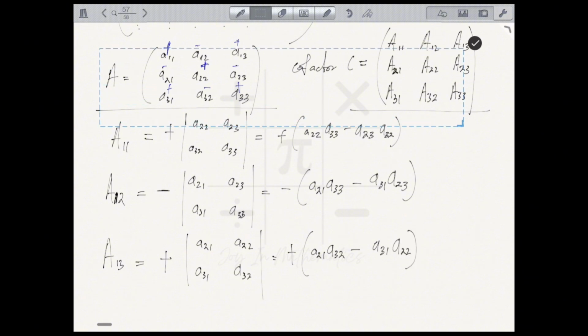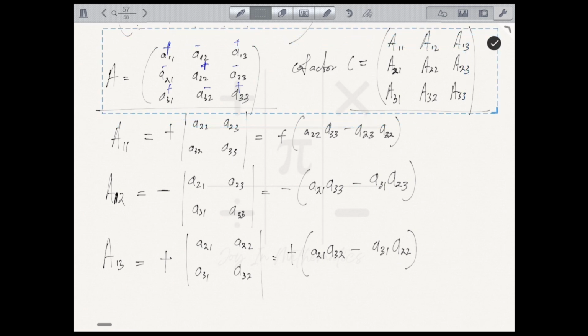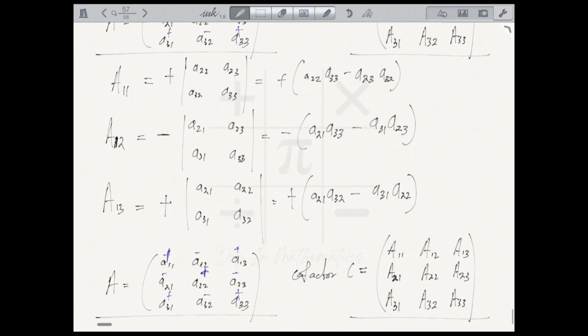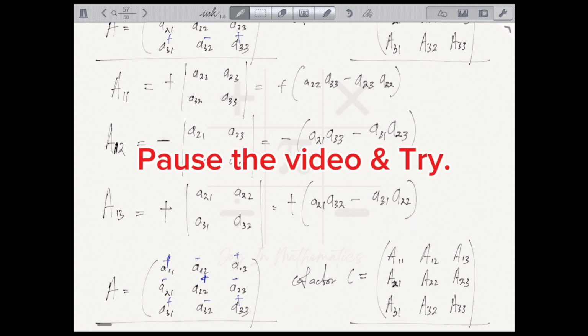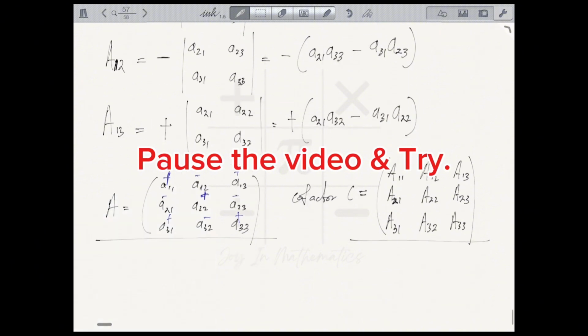Now, we want to simplify further those elements of row 1. If you follow this analogy, you can evaluate the cofactor for A21, for A22, and also for A23. You can pause the video now and give it a try.